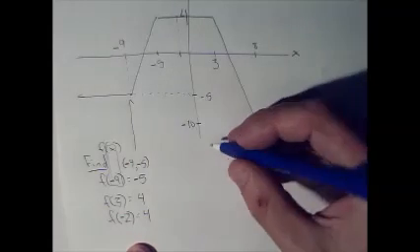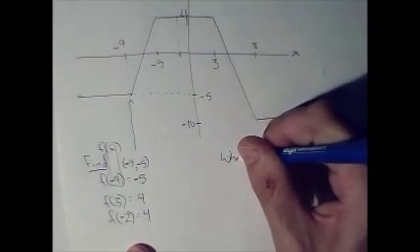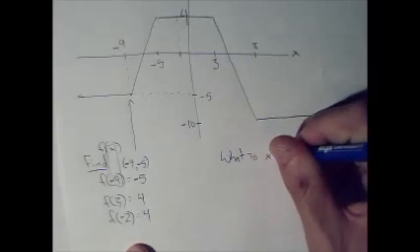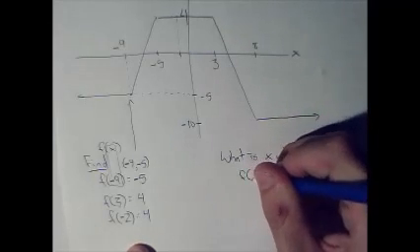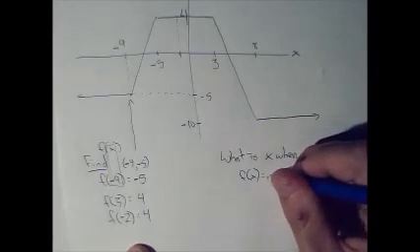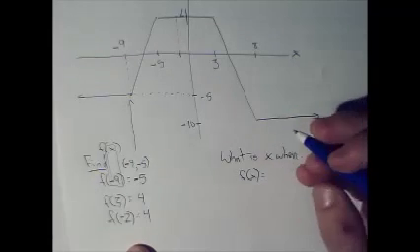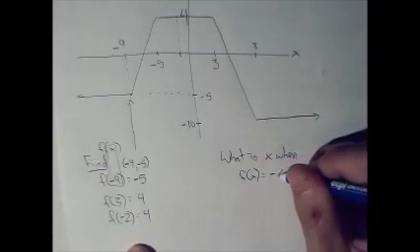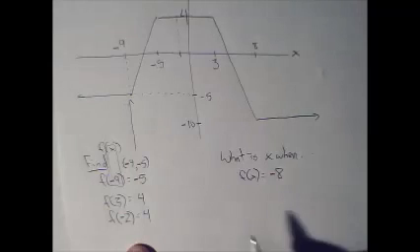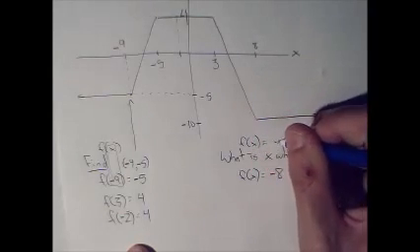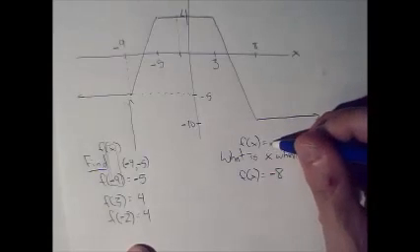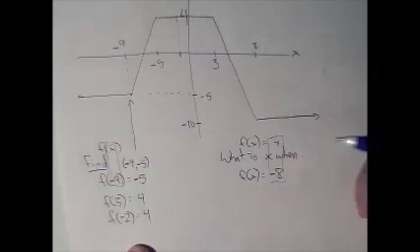Now, the exact opposite direction, it's going to ask you, what is x when, and they're going to say f of x equals negative 8. And when they're saying f of x equals negative 8, remember, f of x is y. So they're saying when y equals negative 8.